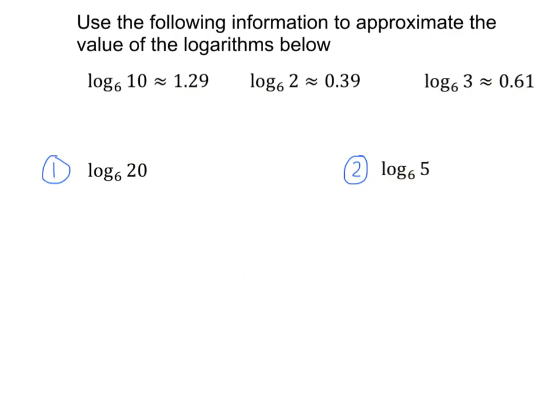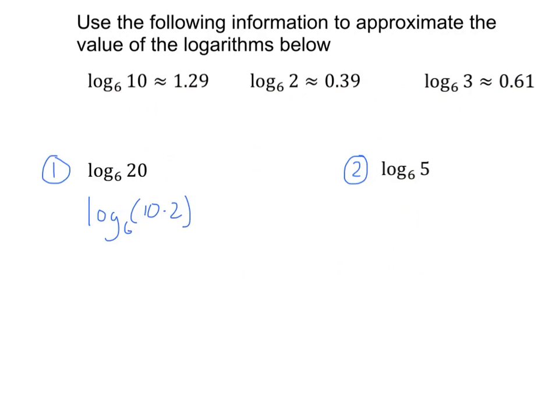Well, what we can do is apply our properties of logarithms. Let's think about the numbers that we have. We have log base 6 of 20, and I know 20 is related to 10 and 2. So here's what we can do. Log base 6 of 20: I know 20 is the same thing as 10 times 2.